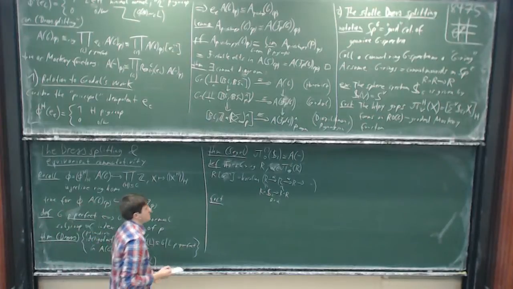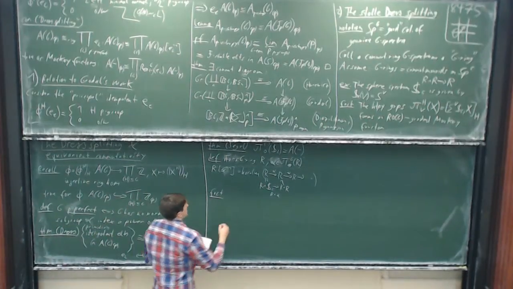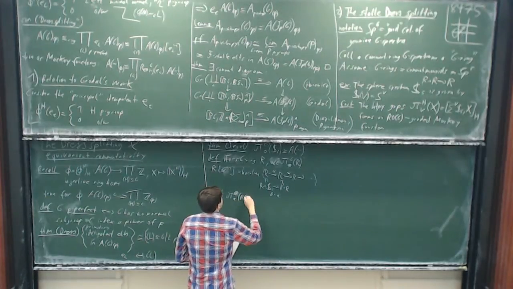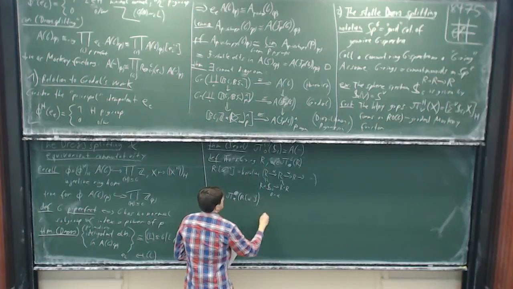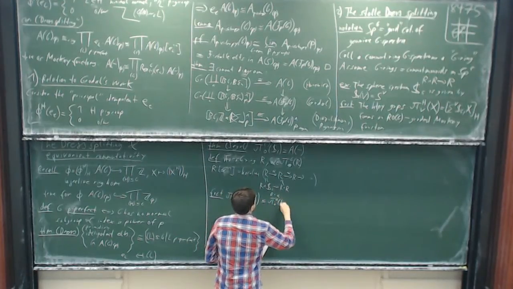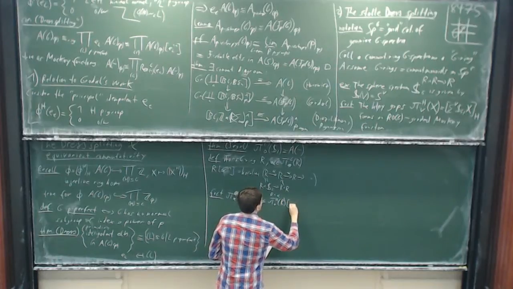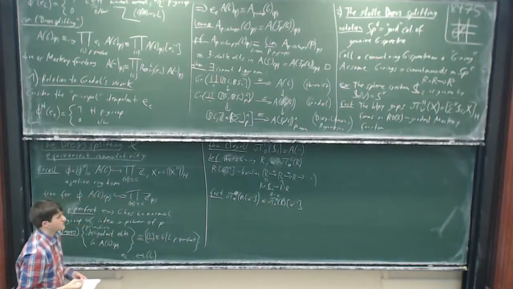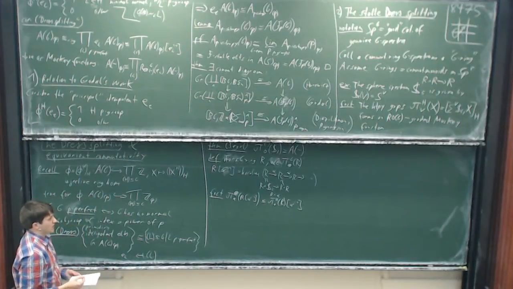Okay. So what does this localization satisfy? If we're looking at the homotopy groups of the localization on the spectrum level, this will be the same as taking homotopy groups first and then inverting the element alpha. So we recover classical localization of rings.